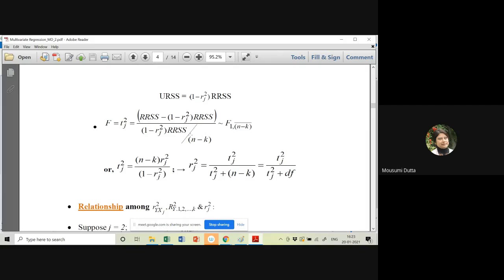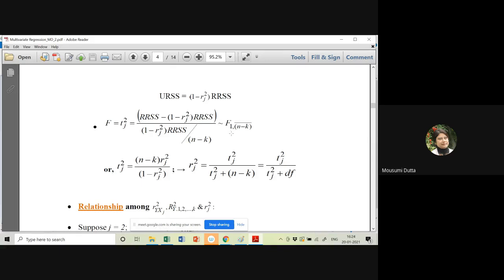For URSS, you get the entire degrees of freedom, n minus k. For RRSS, if you drop one explanatory variable, it will be n minus within bracket k minus 1. This is equivalent to F1, because in the numerator you have only 1 degree of freedom or 1 restriction.